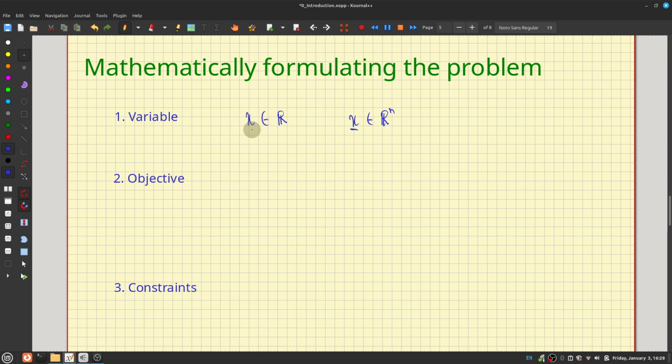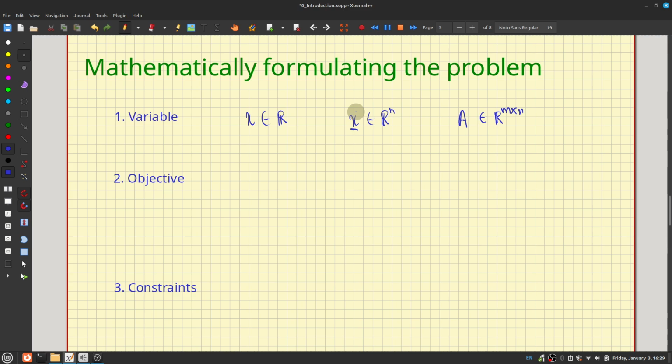Lowercase letters are going to indicate real numbers or real variables, and typically uppercase letters will denote matrices. I'll always assume that the variable of interest is going to lie within some finite dimensional vector space. It's typically going to be a Euclidean space or something equivalent. So those are my variables.